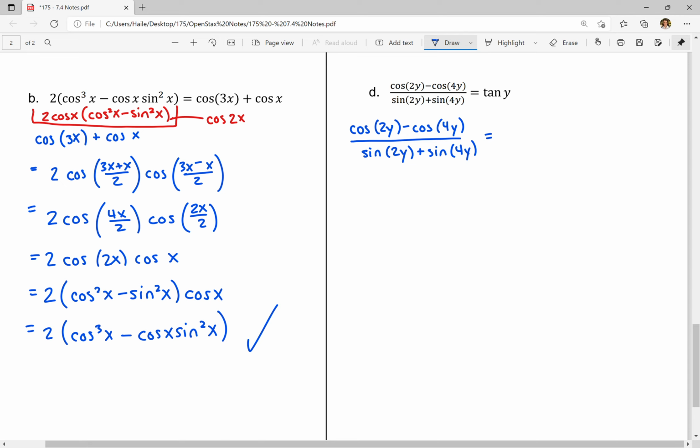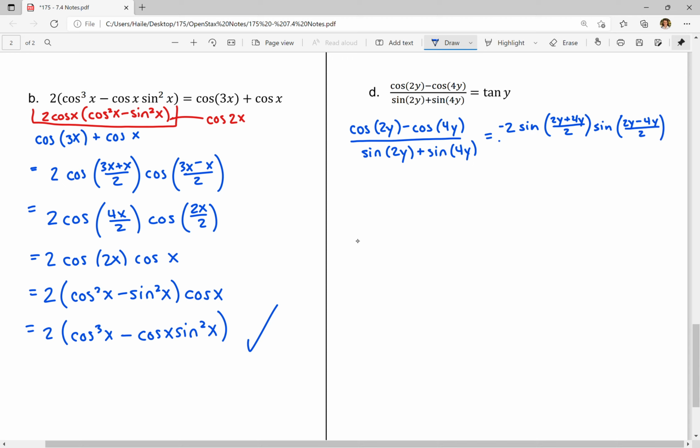Okay, so what I can do is turn each of the sum and the difference into a product. So for the top, I'm going to use the cosine minus cosine formula, which is negative 2 times the sine of the sum of the angles over 2, so we have 2y plus 4y over 2, times the sine of the difference of the angles over 2, so we'll have 2y minus 4y over 2.